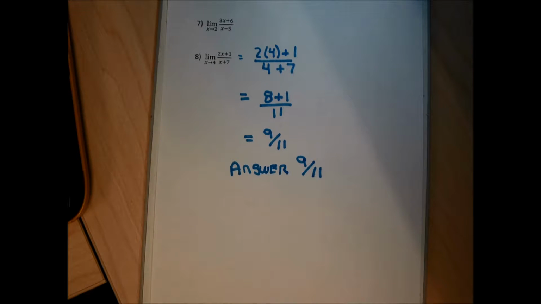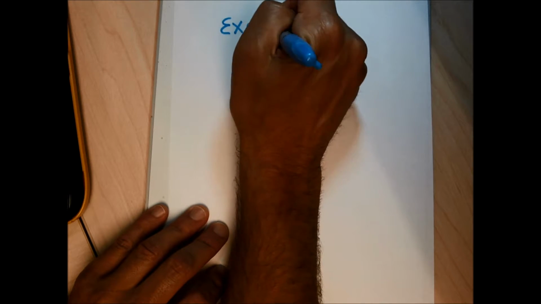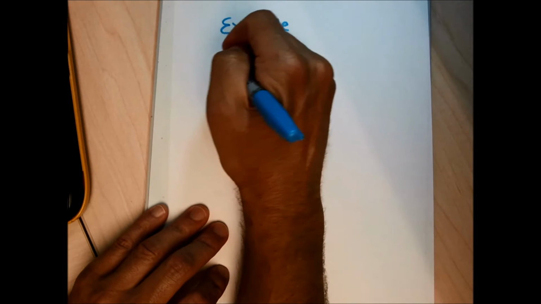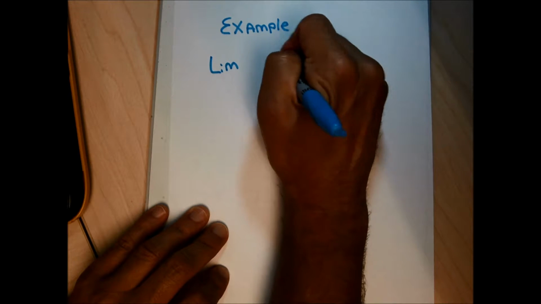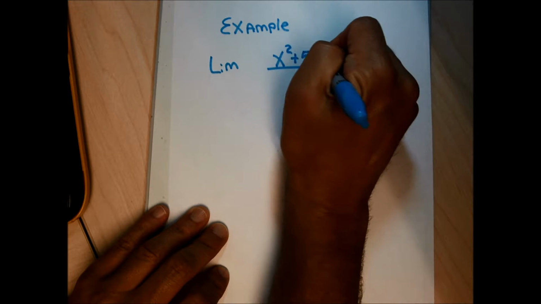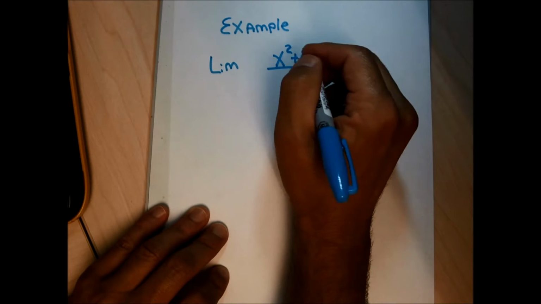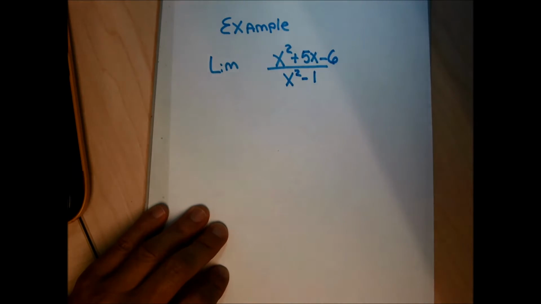The rest of the problems that have limits with fractions are going to be less straightforward, and I should speak about that. Maybe I'll do an example. Here's an example that's just not from the handout. Find the limit. I better make up something decent here. x squared plus 5x minus 6 over x squared minus 1. So I'm going to do 2 problems.